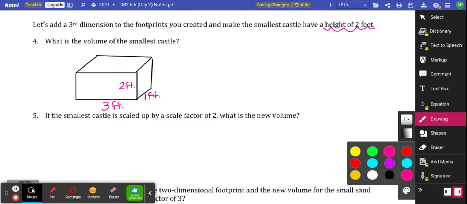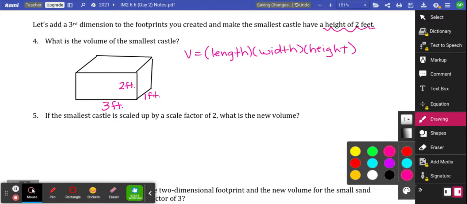Okay, now in order to get the volume of this rectangular prism, we're going to take the length times the width times the height. So our volume, once again, remember from last class, length times width times height. Now, what you're basically doing is you're getting the area of the base and multiplying it by the height.